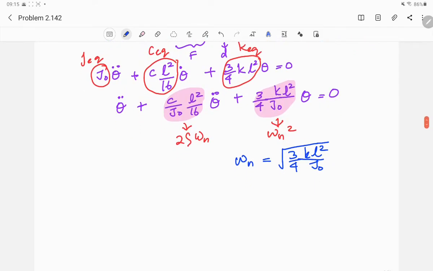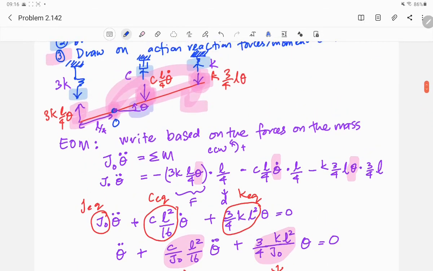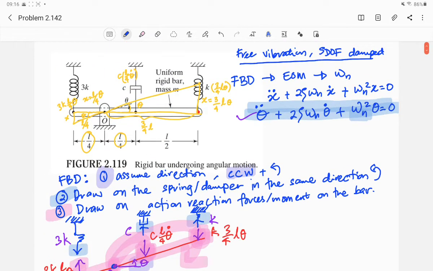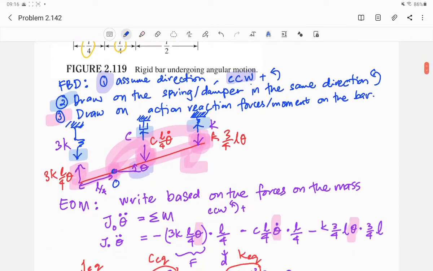Normally if you have a bar problem like this, the typical J naught for a bar, you can see that in this problem the pivot point is not at the center of gravity, it is at L over 4.